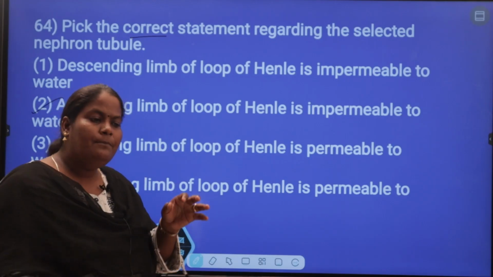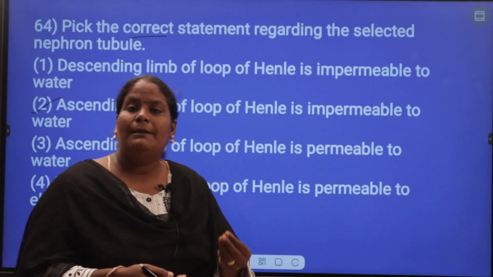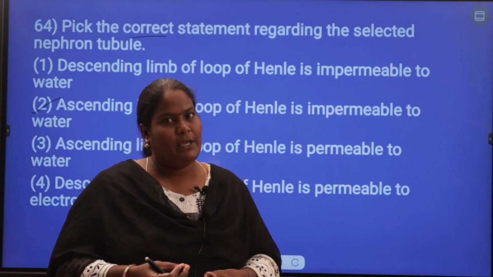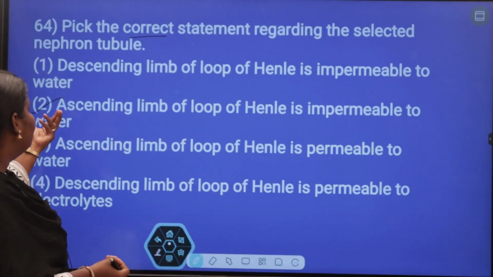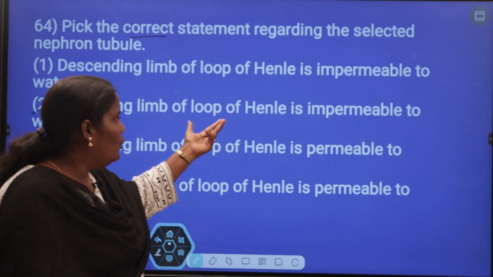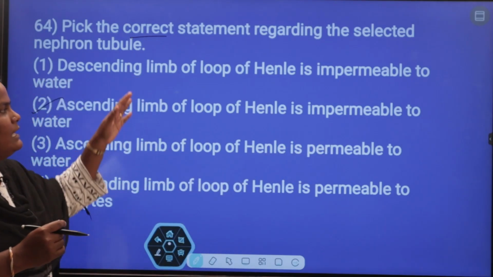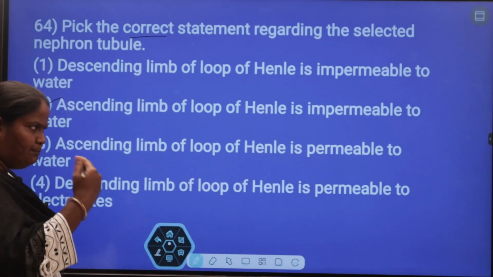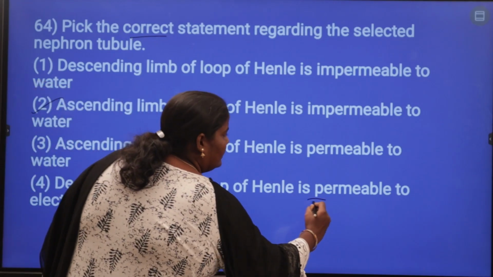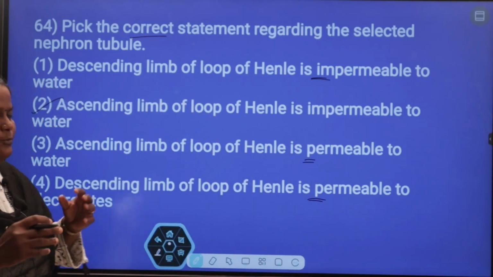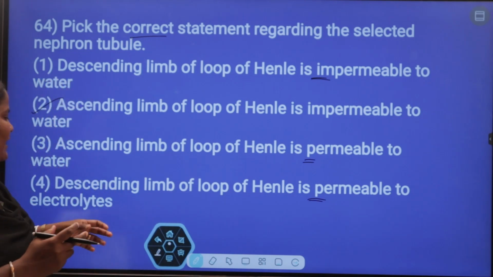The word permeable means passing through, and impermeable means unable to pass through. The other statements purposely alter the terminology to confuse you in the exam hall. Okay, next one.